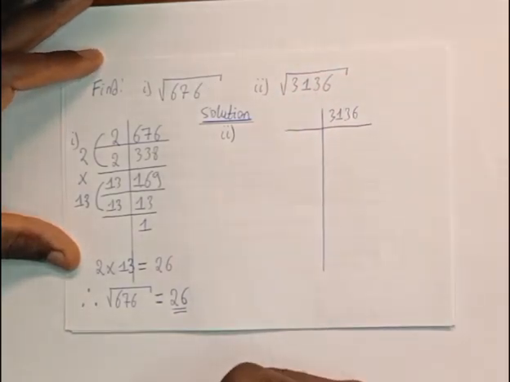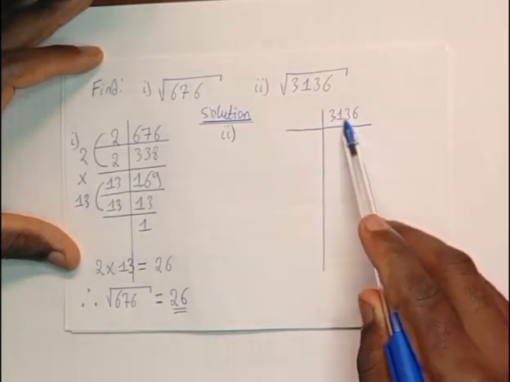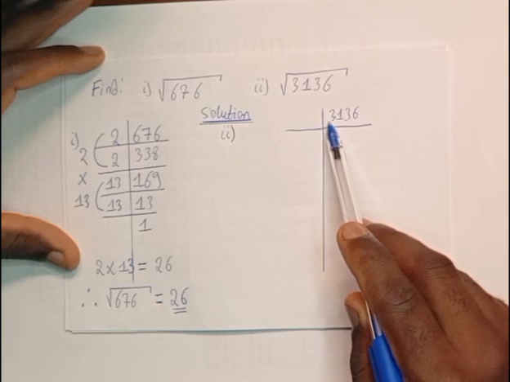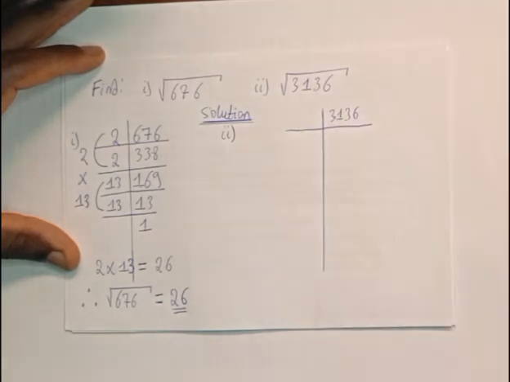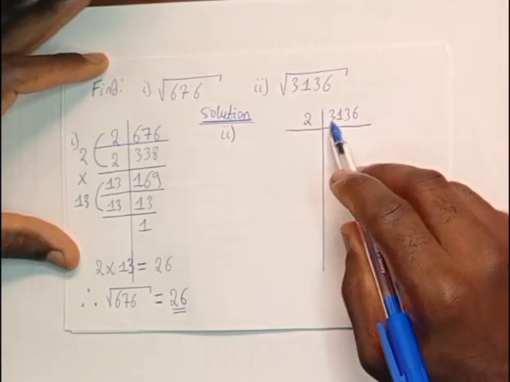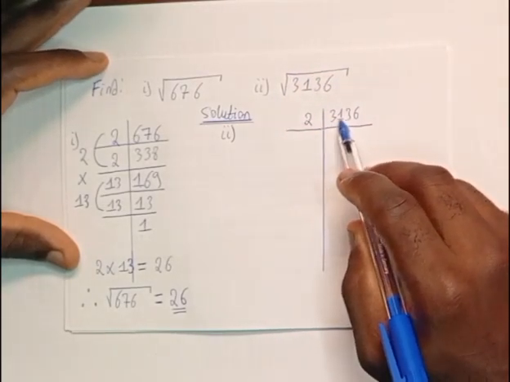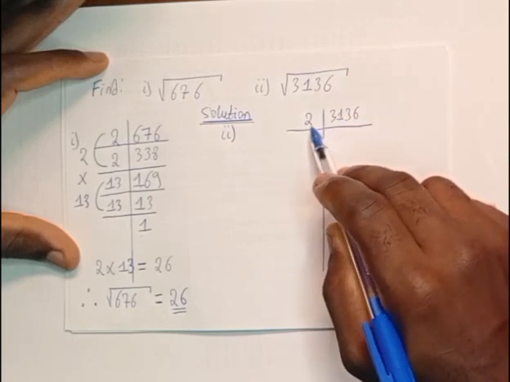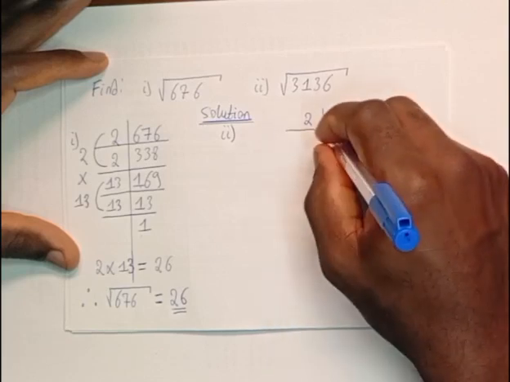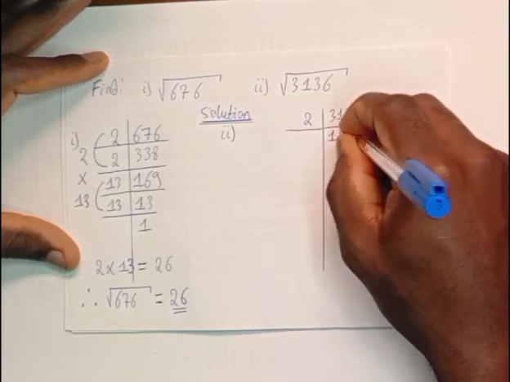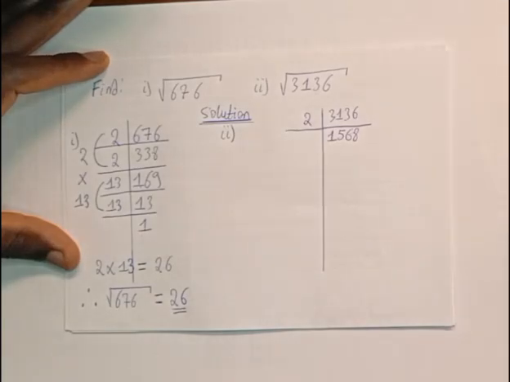Next, we need a prime factor of the number 3136. You will see the last digit of this number is 6, which is an even number. That means the number 3136 is an even number, and the number 2 is simply the smallest prime factor of the number 3136. 3136 divided by 2 gives us 1568, which is an even number.